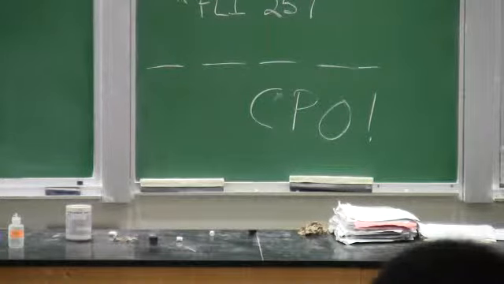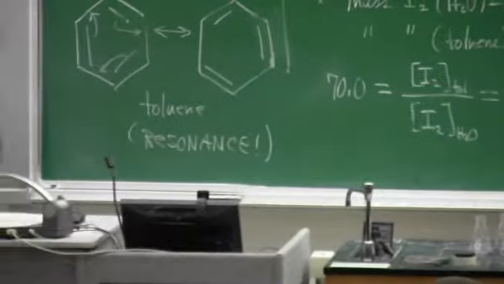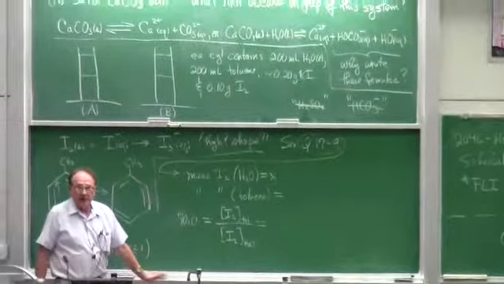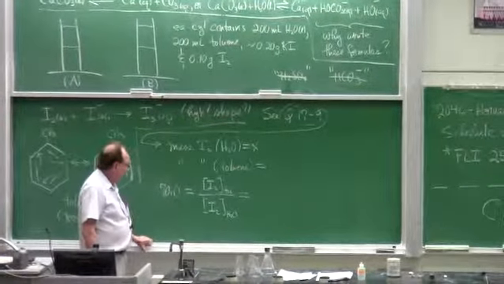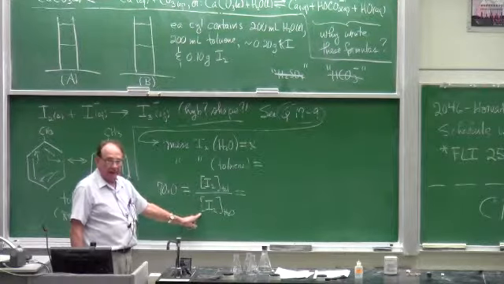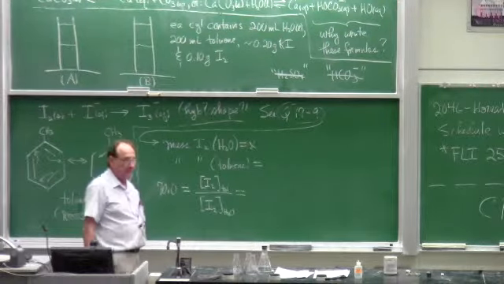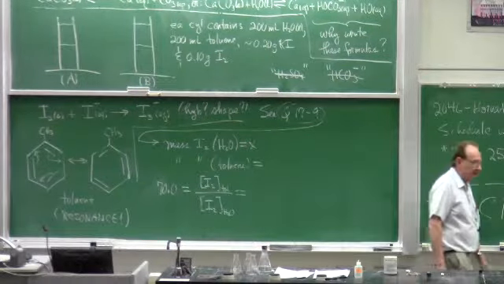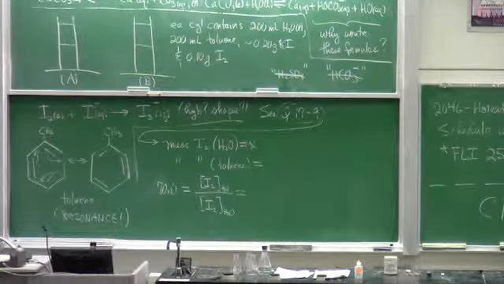All right? Now let's have some fun with regard to analyzing this system. Experiments indicate the concentration ratio of I2 in toluene to I2 in water for the system we just prepared, provided I didn't put the potassium iodide in there, so forget the potassium iodide for this analysis.